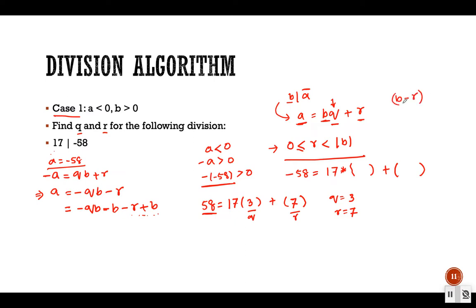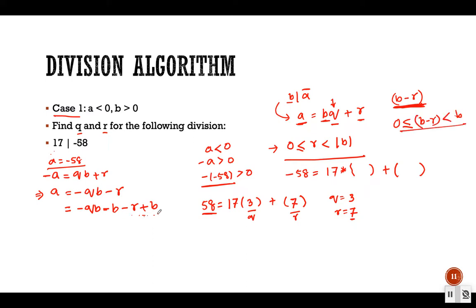Since we know r is less than b, b minus r will be a positive number from 0 to some positive number less than b. So we can say for sure that b minus r is greater than or equal to 0 and less than b.